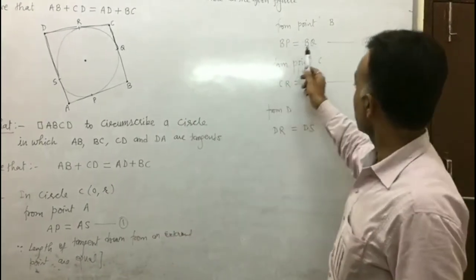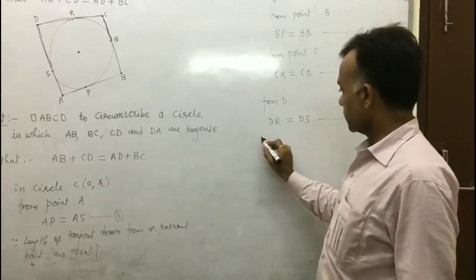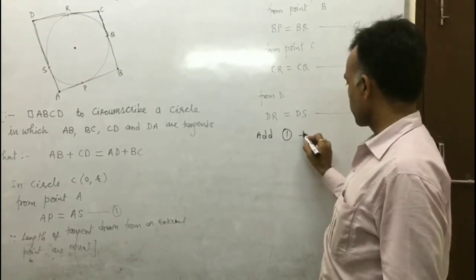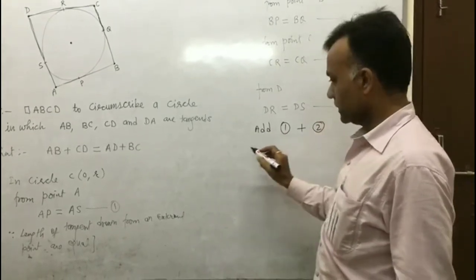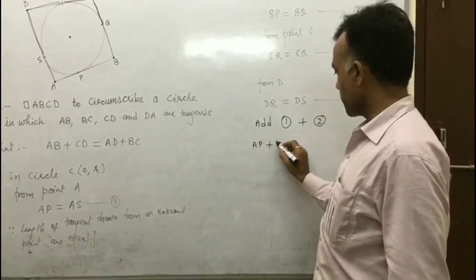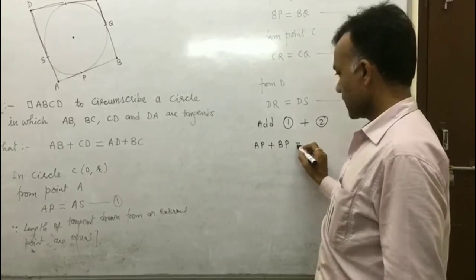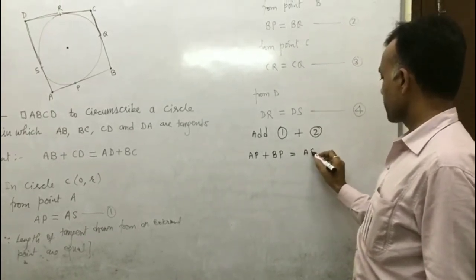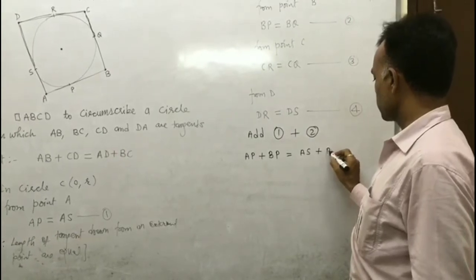Now equation 1 and equation 2. Here you add equation 1 plus 2. Then it is AP plus BP equal to AS plus BQ.